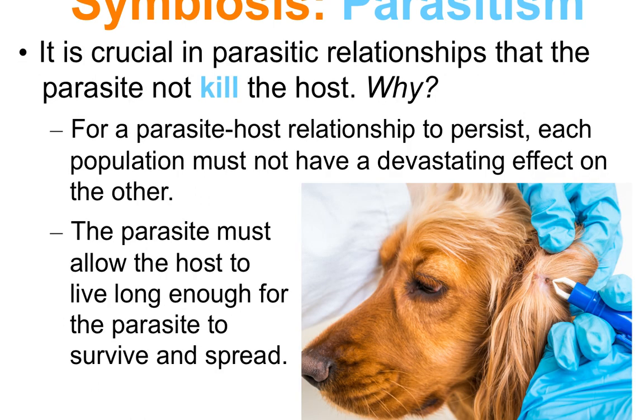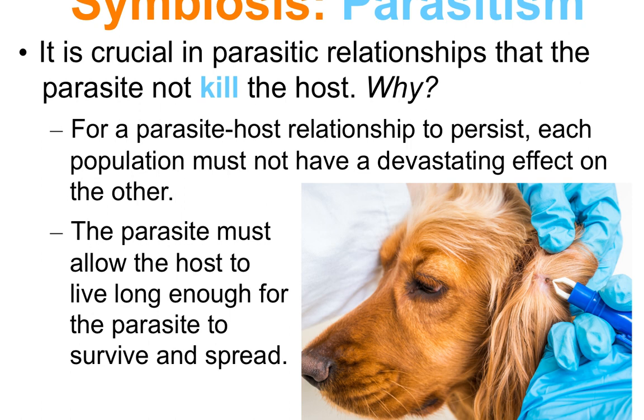You would think that eventually parasites, if they're harming their hosts, will die off too, because you can't just continue to kill everything and then expect to survive. So it's critical that a parasite form a symbiotic relationship where it doesn't necessarily kill the host. The host just is harmed or suffers. For a parasite-host relationship to persist, the populations must not have some sort of devastating effect on one another.